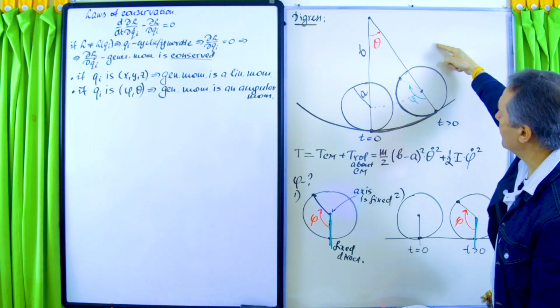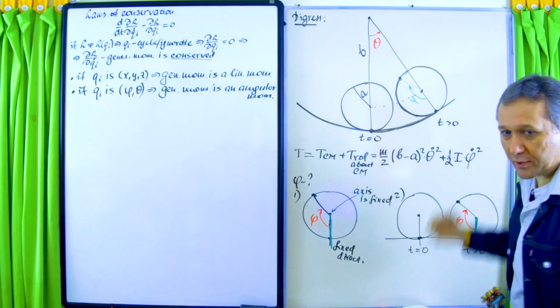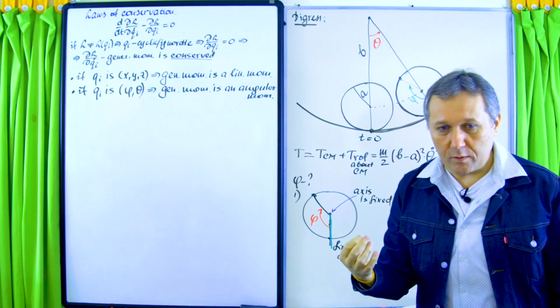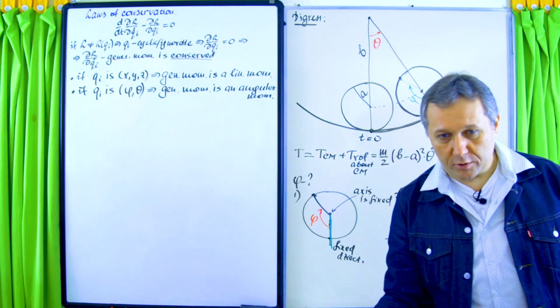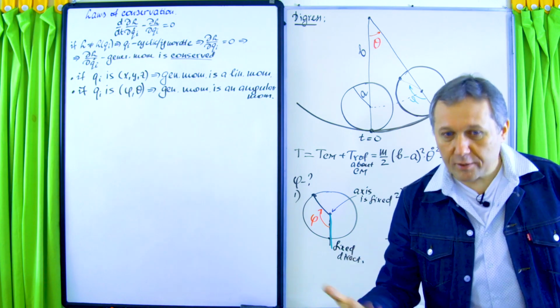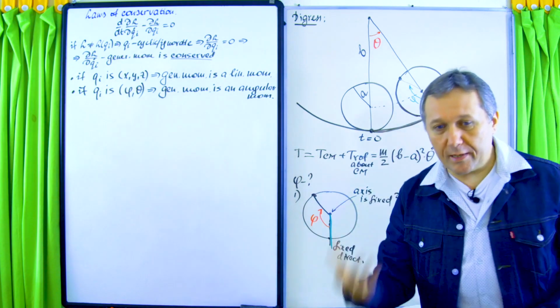Now if we displace it even more, the direction will be different. The direction from which we want to measure angle phi changes. This direction is also rotating.